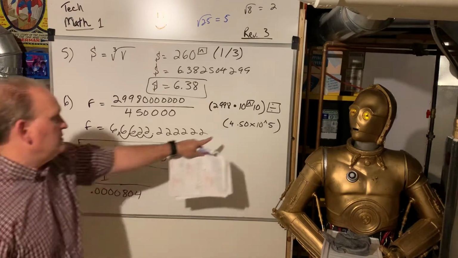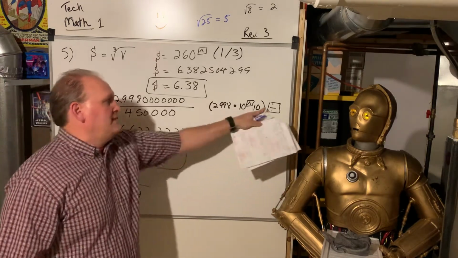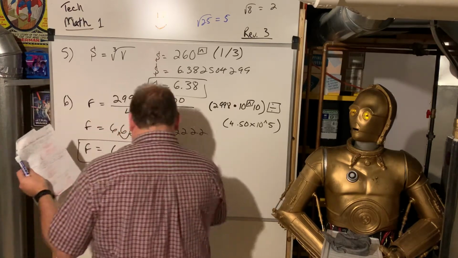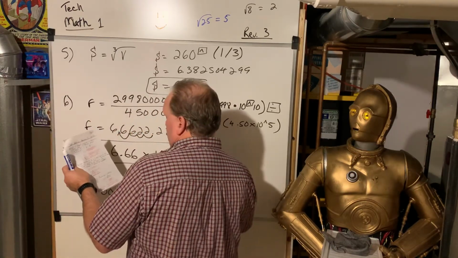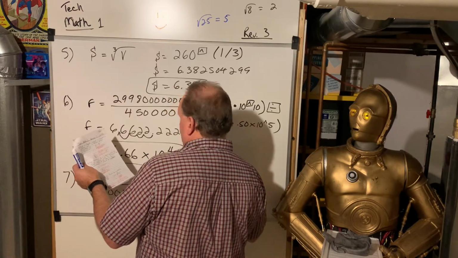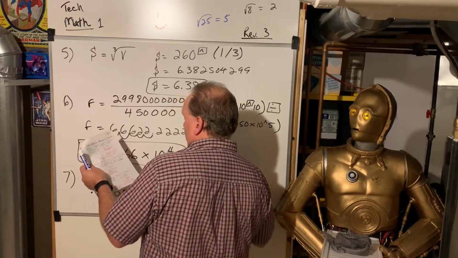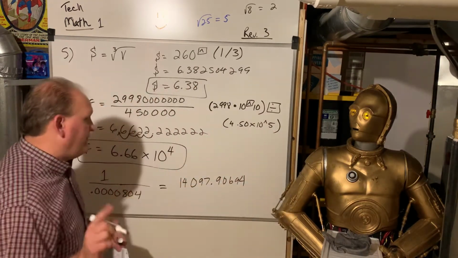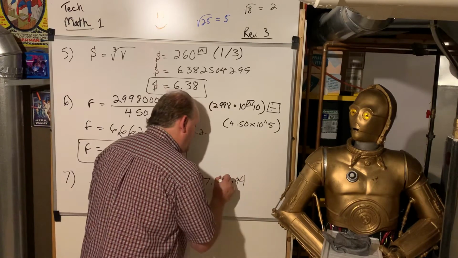And again, you just do this trick again, where you just take 1 divided by, and then do the parentheses in that. So that turns out, when you divide that, to be 14,097.90694. And now you have to read this carefully, because it's like this on the test too, so be very careful.